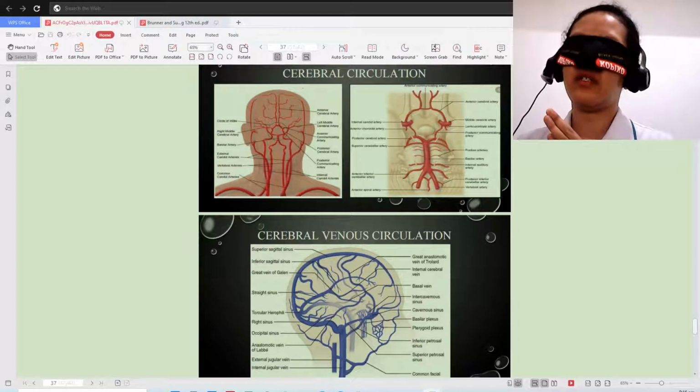These arteries arise in the neck, then ascend to the cranium. The terminal branches of these arteries form a circle called the Circle of Willis. The Circle of Willis is an important junction of arteries at the base of the brain.